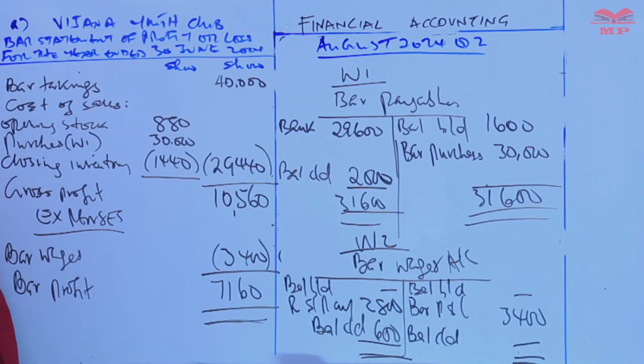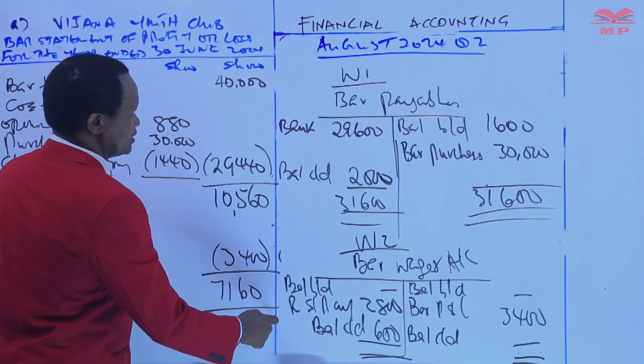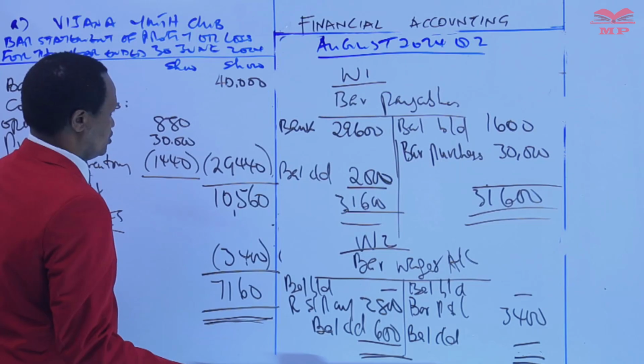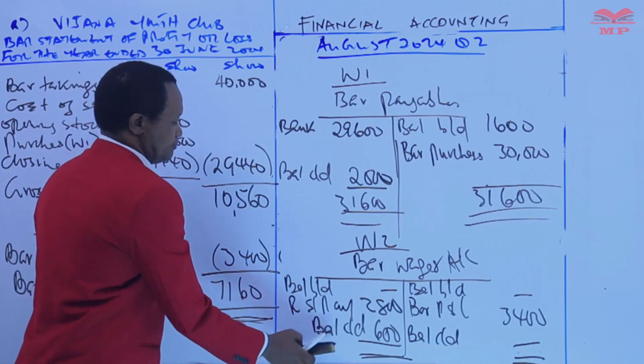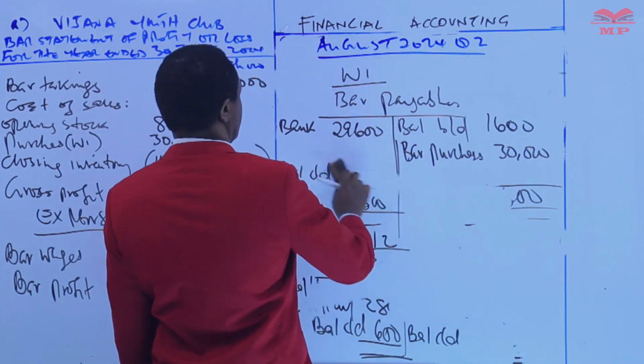So this 7160 candidates will be one of the incomes in the income and expenditure account, which you are now going to prepare here. These are workings. I can do away with this.